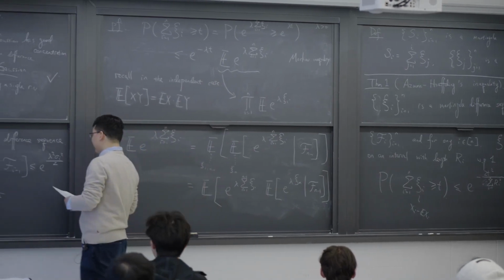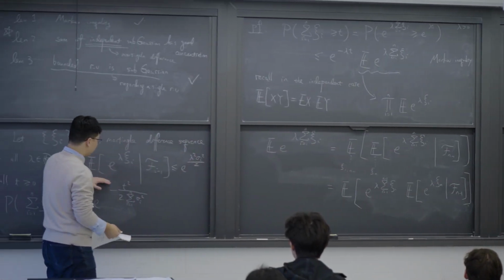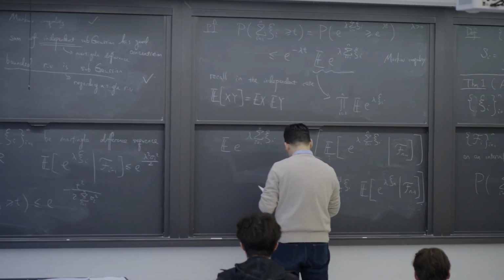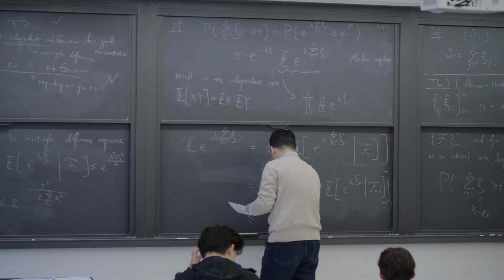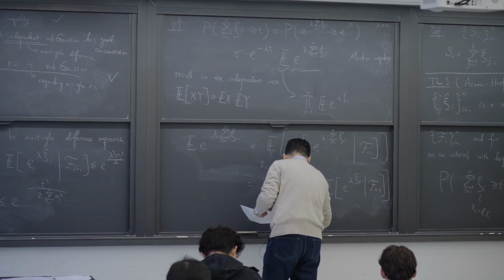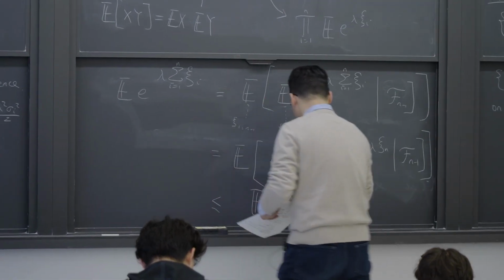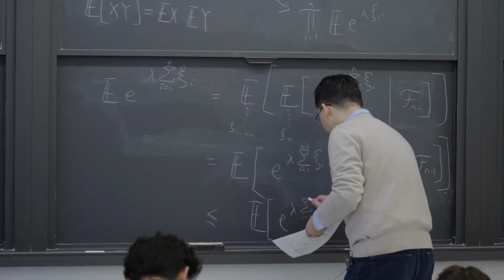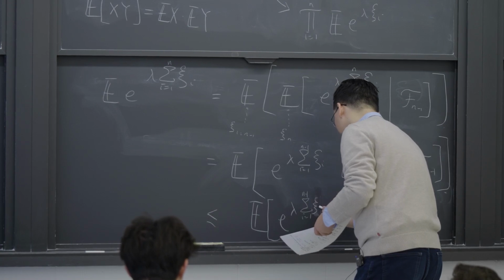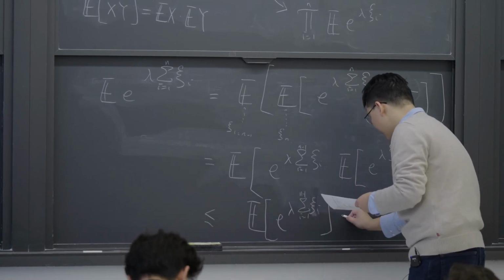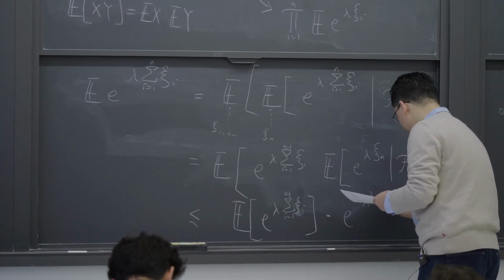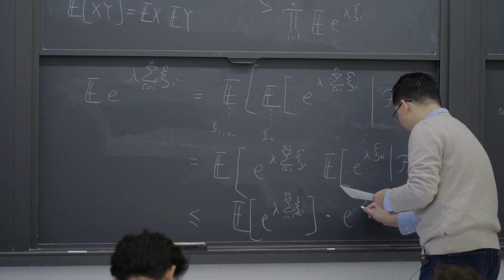So you can already see why we do this, because now we can use this precondition for the very last step, when we replace this i equal to n. So we say this is less than or equal to the expectation of e to the lambda summation i from 1 to n minus 1 Ci, times e to the lambda squared sigma n squared over 2.